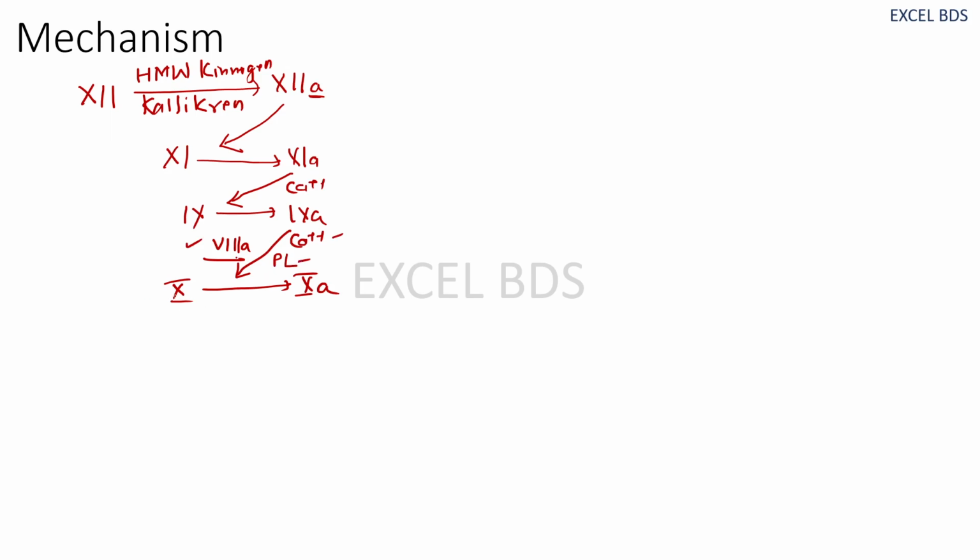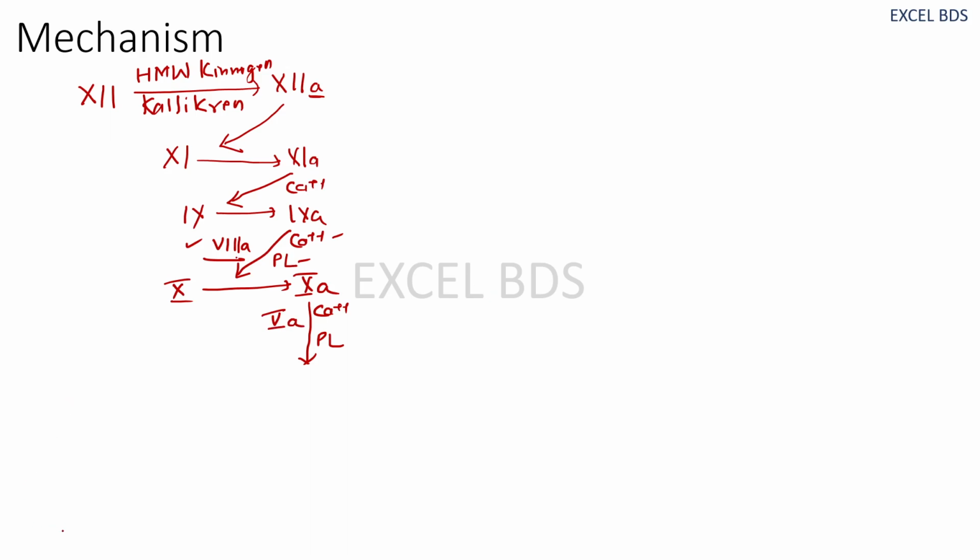So now what is going to happen? Factor 10 has become active, so this is factor 10A. Now factor 10A along with calcium, phospholipids again coming from the platelets, as well as activated factor 5.